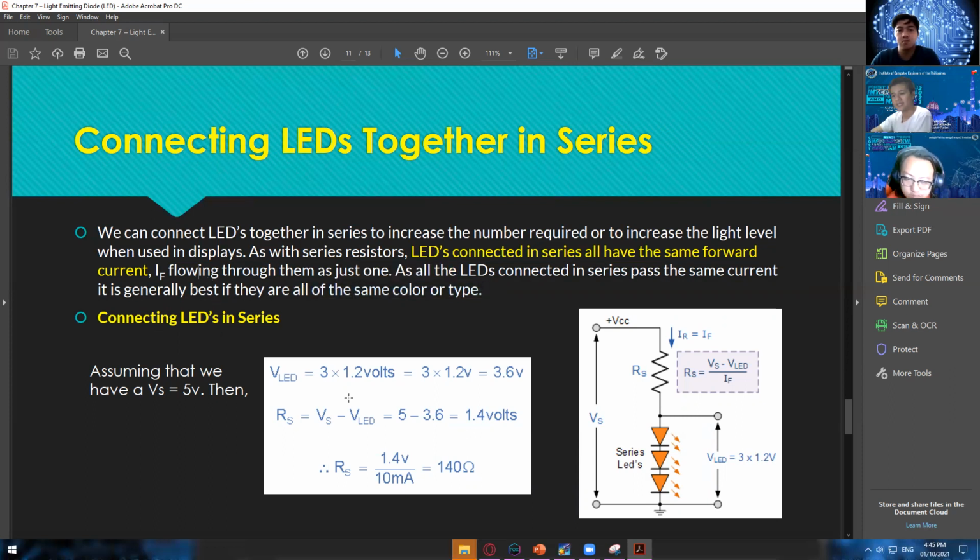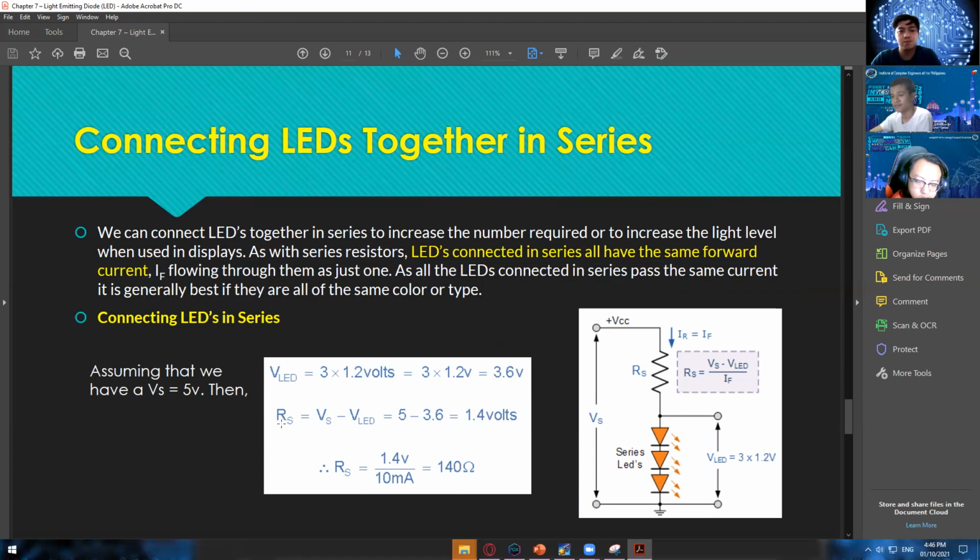And then connecting LEDs in series, so we have these results. If you're going to combine 3 LEDs at the same time, just multiply that 1.2 volts required by each, by 3. So the total voltage that they will consume is 3.6 volts.